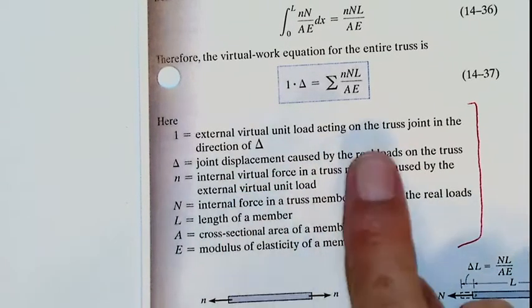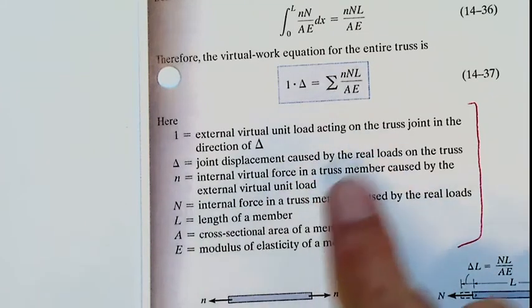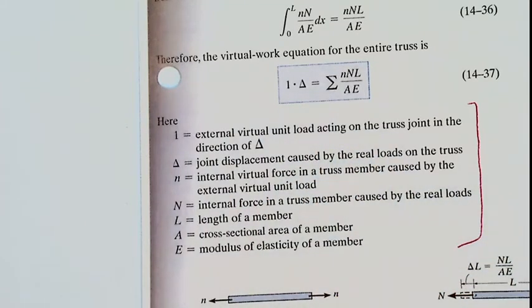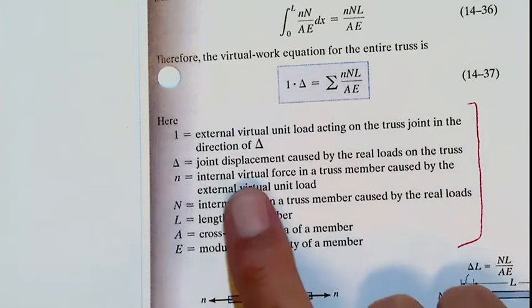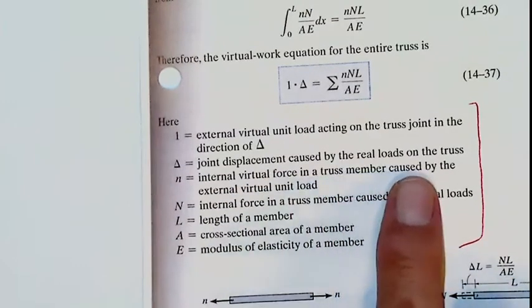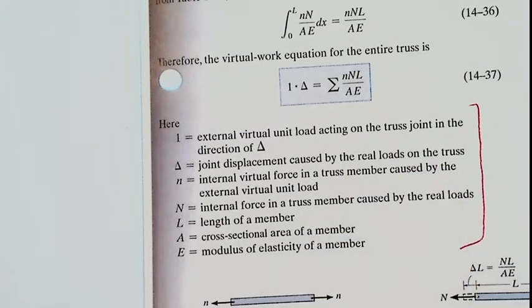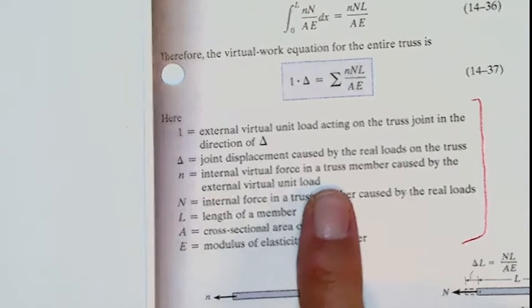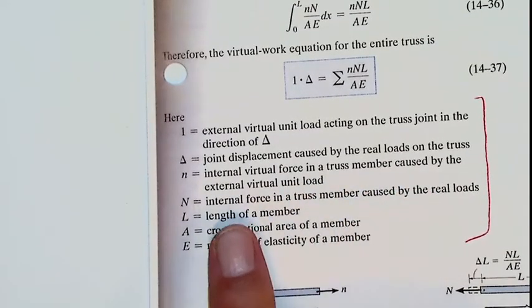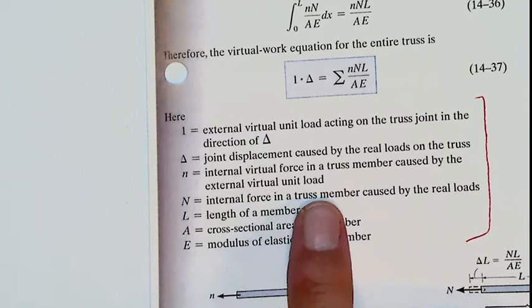We still did not say where we want to find it. Delta is the joint displacement caused by the real loads on the truss. And n is the internal virtual force in the truss member caused by the external virtual unit load.